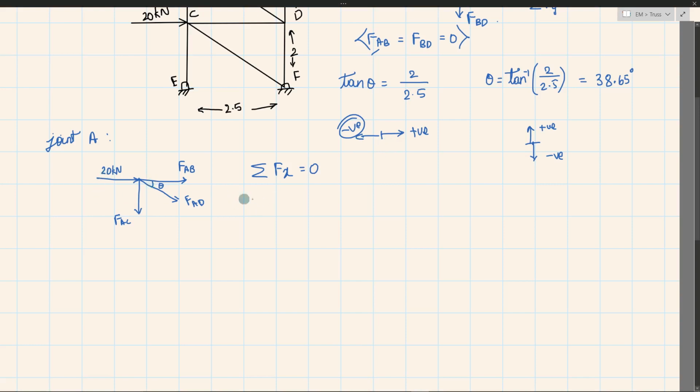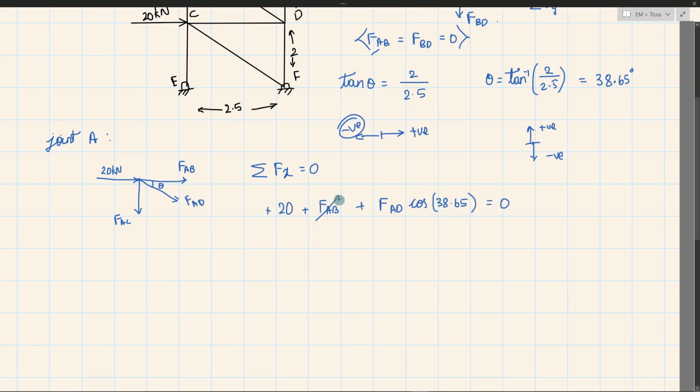So we have 20 plus 20 plus FAB also plus FAD cos of 38.65 is equal to 0.